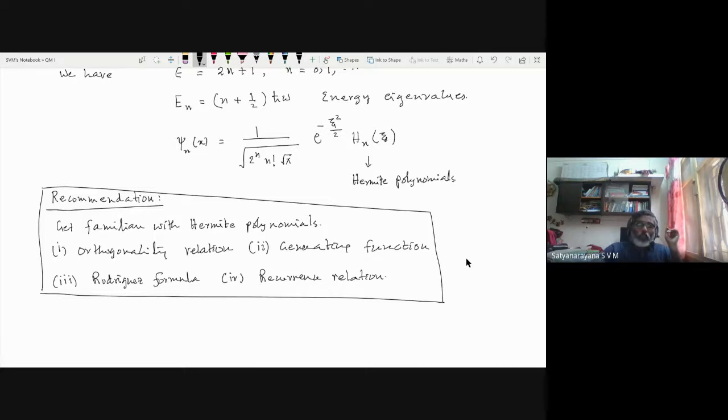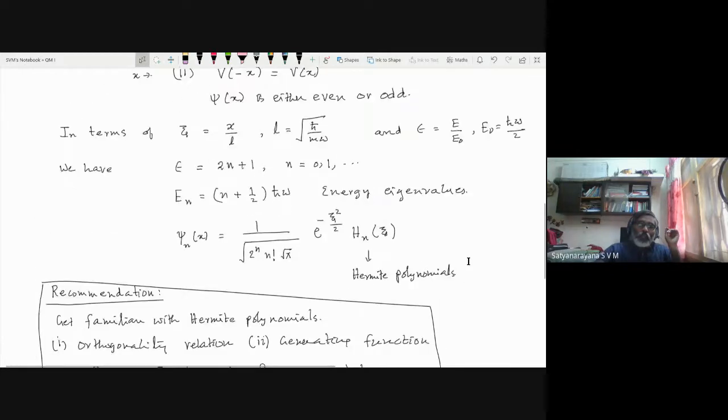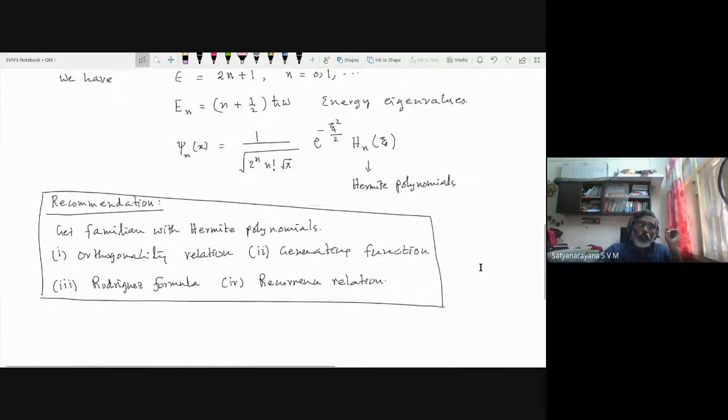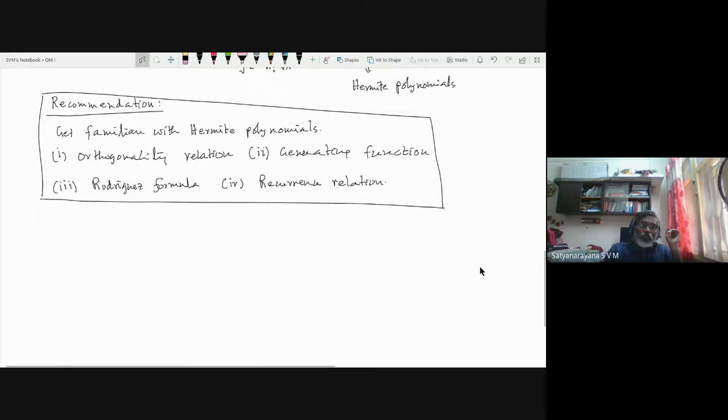Okay, so now the point is that we have these wave functions. So if you look at the ground state wave function, that means psi 0 of xi is equal to 1 by root pi to the power half into e to the minus xi square by 2.